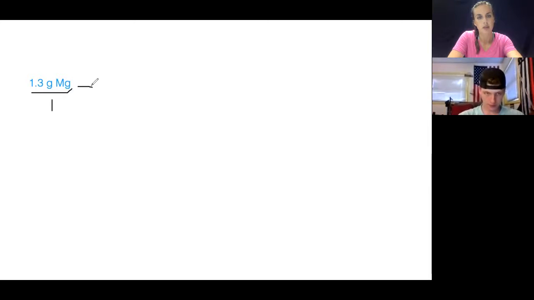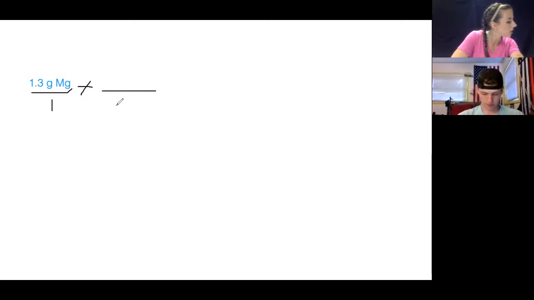I'm very familiar with how to do that. So your grams over 1 times, let's see, 1 mole is going on top, 1 mole. And then you look at the periodic table to see how many grams are in magnesium, 1 mole.